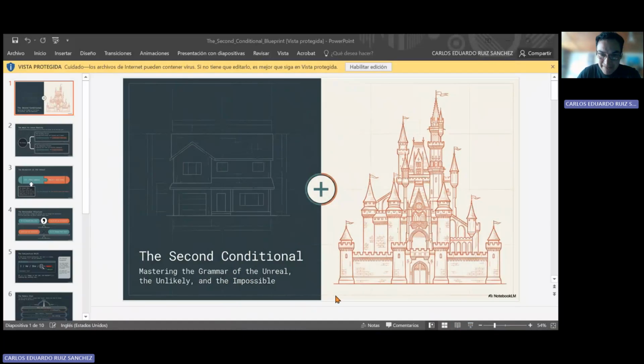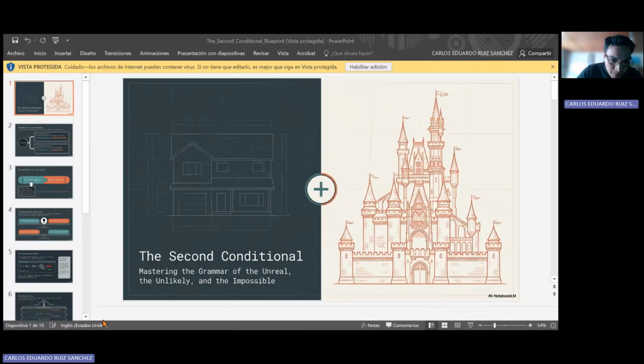Pay attention to the... I'm sorry. Here, what about the result? In the result, we are going to use, obviously, in this example, a subject, a noun, followed by this modal verb: would, could, or might. We got three forms: would, could, might.